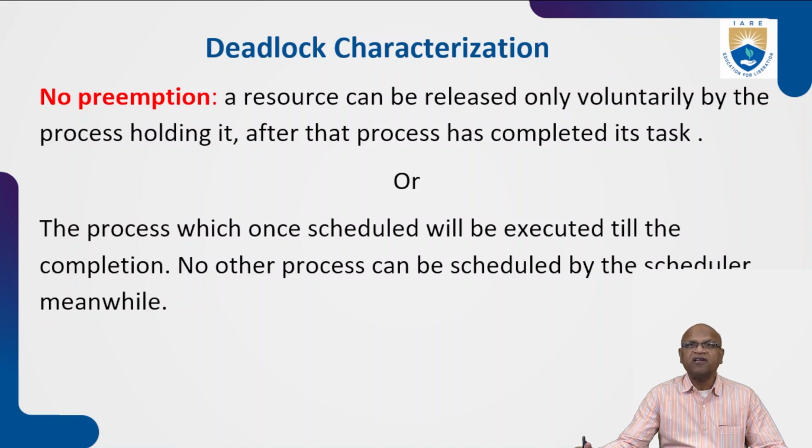No preemption, which we already discussed: a resource can be released only voluntarily by the process holding it, after the process has completed its task. If one process is holding one resource and requires another resource for execution, unless the request is granted it will keep waiting. It will not release the resource it is already holding.